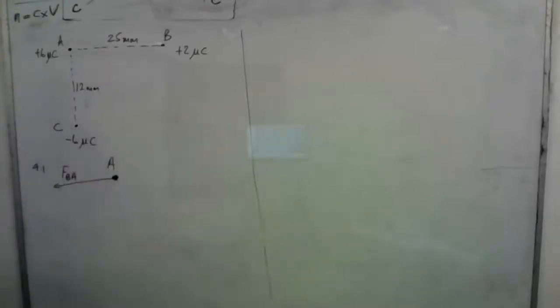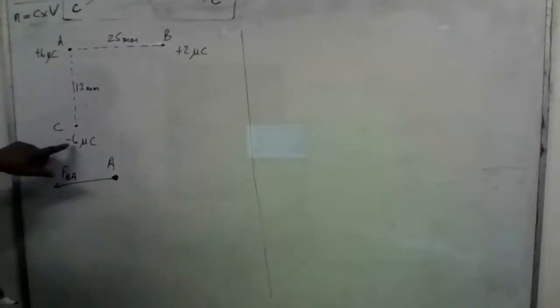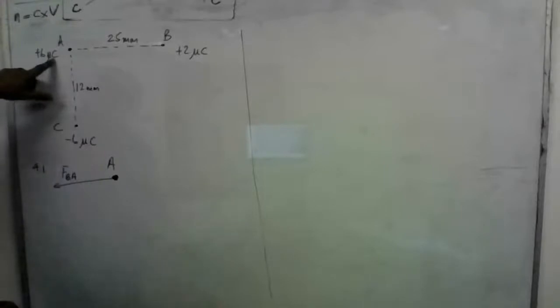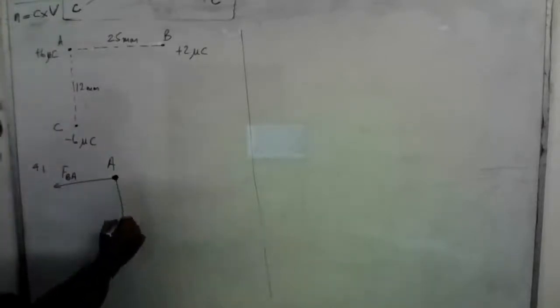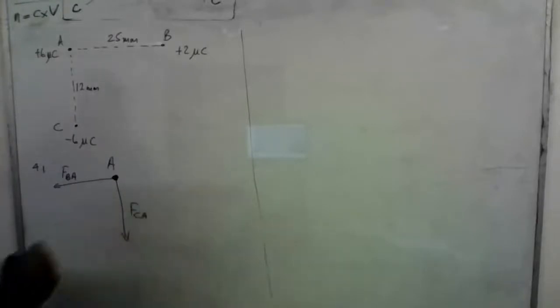So that will be the force of B on A. Then your force due to C. C is negative, A is positive, so therefore A will be attracted towards C. So that will be your force of C on A.